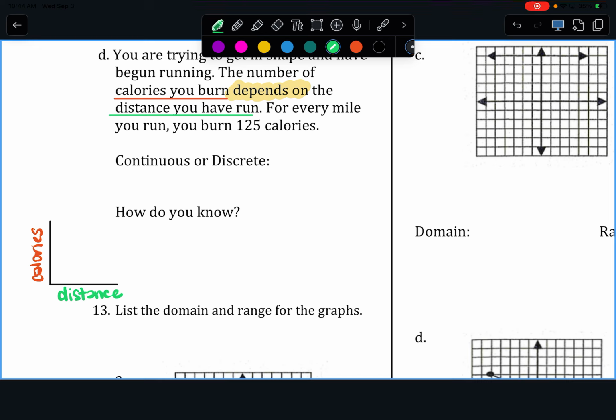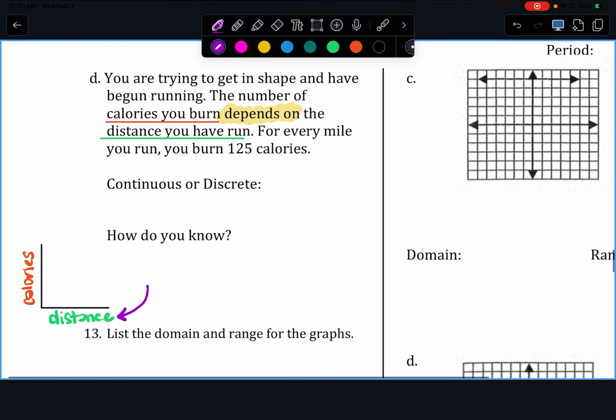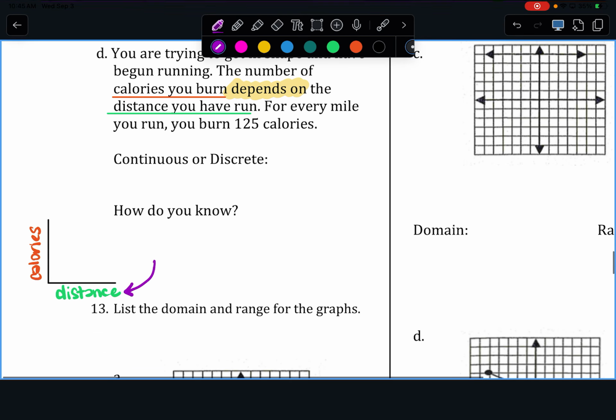Now I know it doesn't ask you to graph that, but if you want to figure out if it's continuous or discrete, remember that is always based on the X. Right? This continuous or discrete always is based on the X. I don't care about the Y at all, right? The Y is dependent. It's going to depend on what I put in for X. So it all depends on the X. Oh, it says for every mile. There we go. Can I run half a mile?